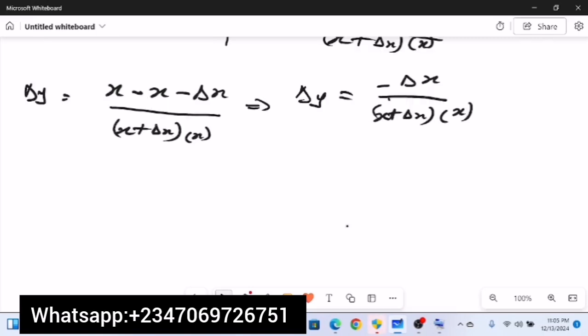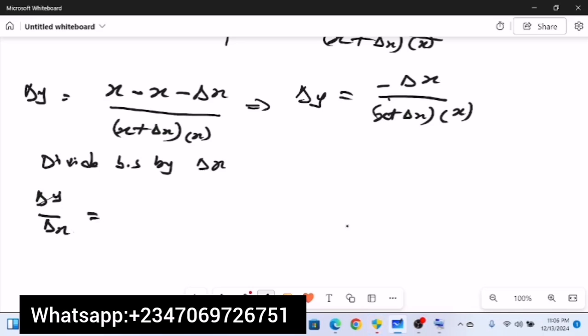Now at this point, the next thing you do is simply what? We want to find dy all over dx, so it simply makes sense to find change in y all over change in x, which means we are going to be dividing both sides by change in x. If that is done, I'm going to now have at the left hand side change in y all over change in x.